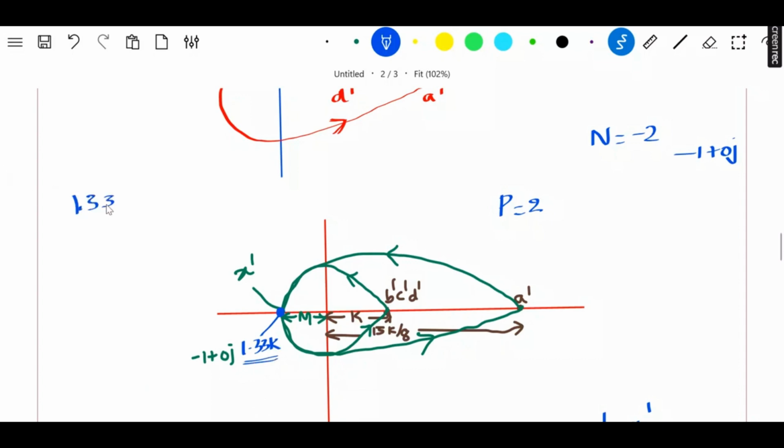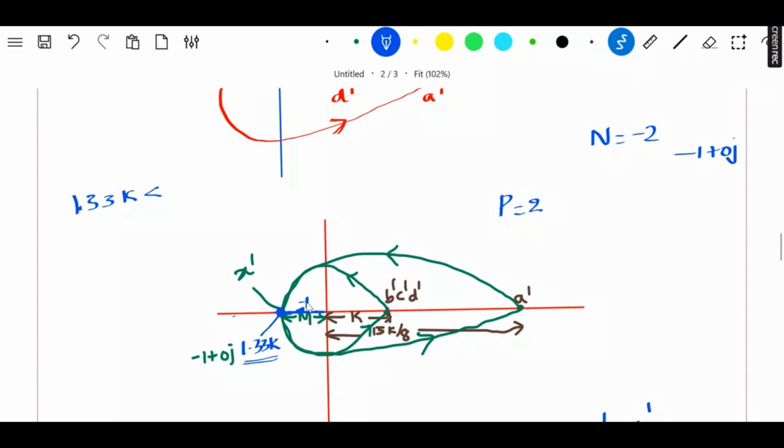The minus 1 point should come inside this particular circle, so somewhere from this point to this point minus 1 should come.